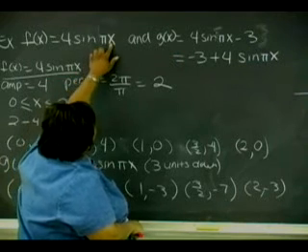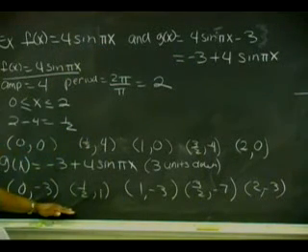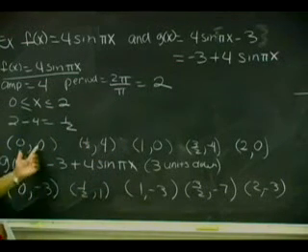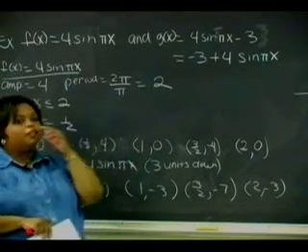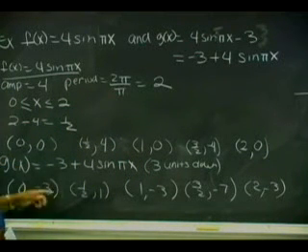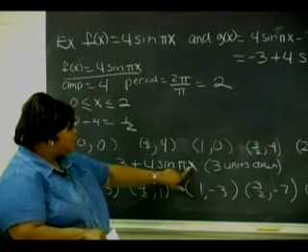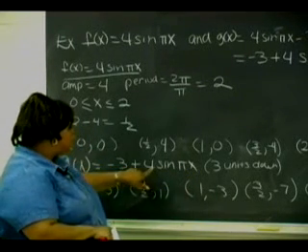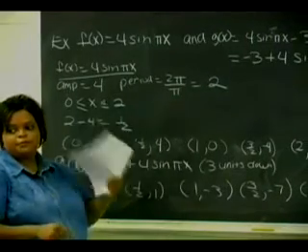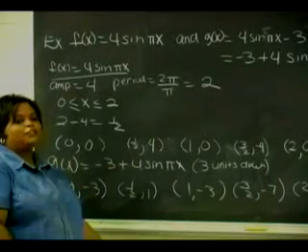Sine pi over 2 is 1. 1 times 4 is 4. How do we get these? Well, we noticed that this graph was shifted 3 units down, so we subtracted 3 from our y values. But it'll work the same way. If you put 0 here and do all the work, you get 0 times pi is 0, sine 0 is 0, 0 times 4 is 0, 0 plus -3 is -3. Then we do this, which is y equals 2x. You just simply substitute them and get your y value.